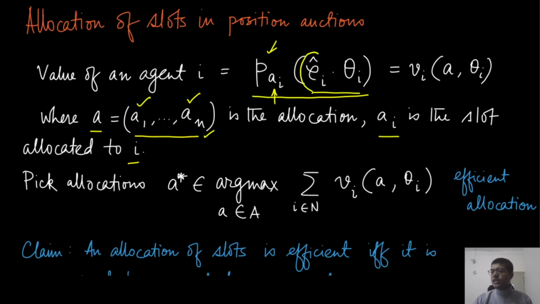This is with respect to rho I hat, which is the quality effect of this ad, and this is the true type of player I. So this is the expression for the valuation of player I when his type is theta I and the allocation is A. Now the natural candidate here is to use the efficient allocation. Maximizing the sum of valuations is one possible way of allocating these slots, so that the more valuable slot goes to the more valuable bidder.